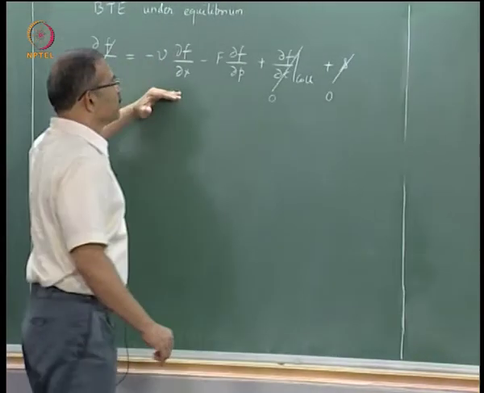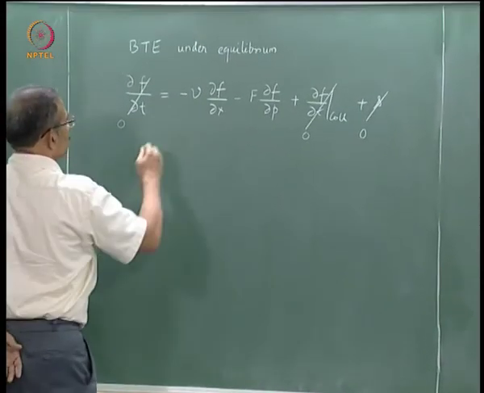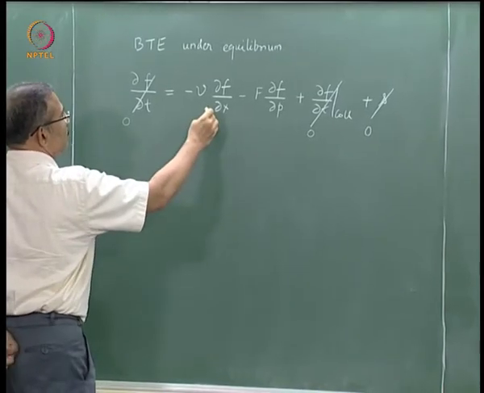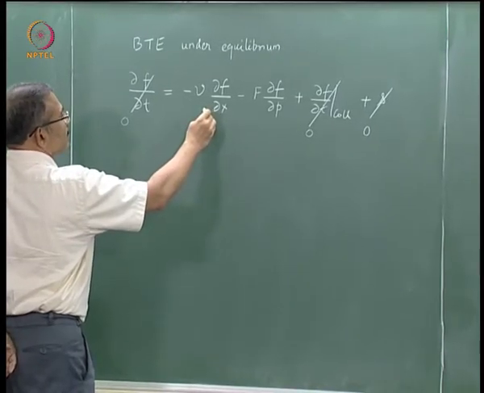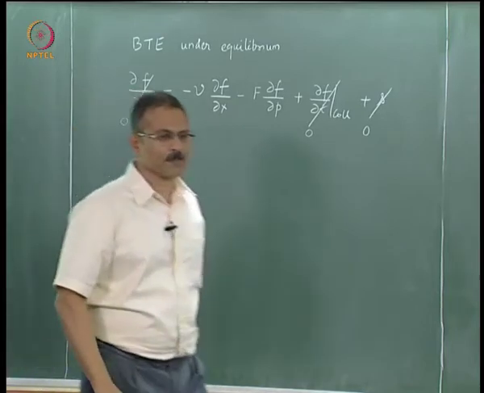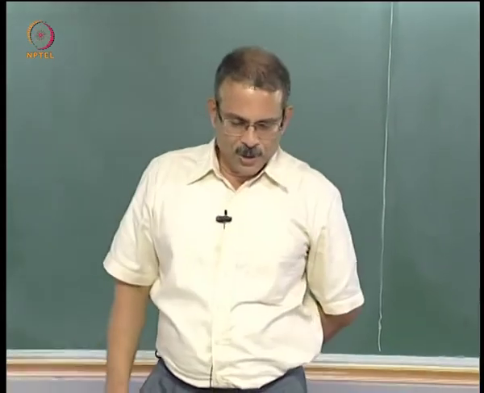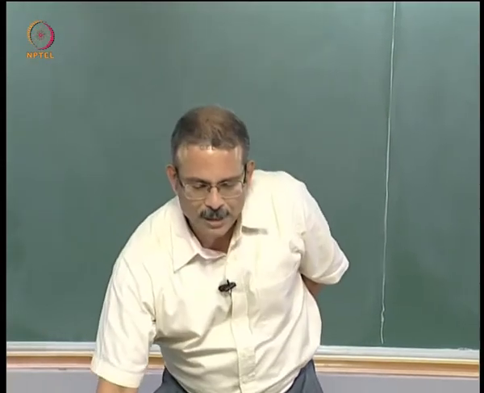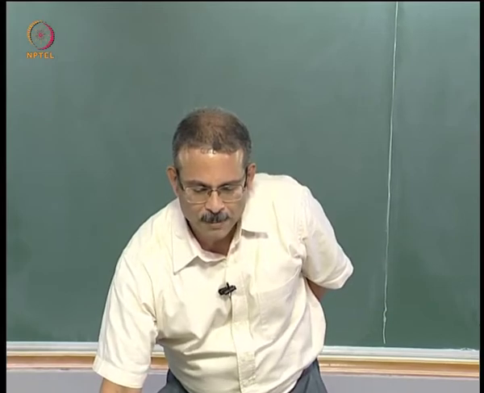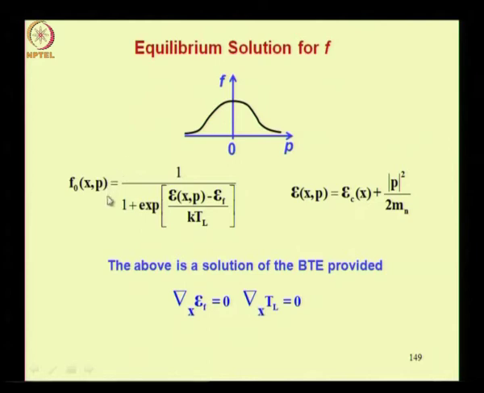This is our Boltzmann transport equation, okay. Now we will substitute this function f naught and evaluate the derivatives which are there. So let us write this here.